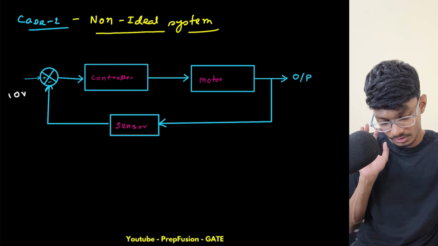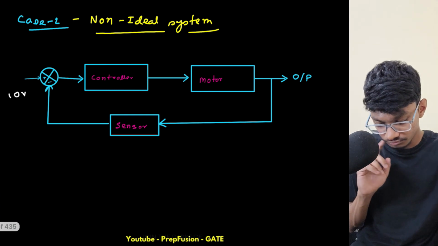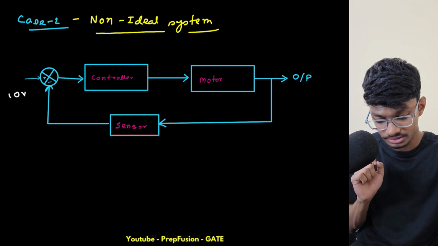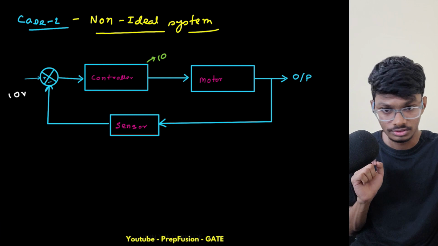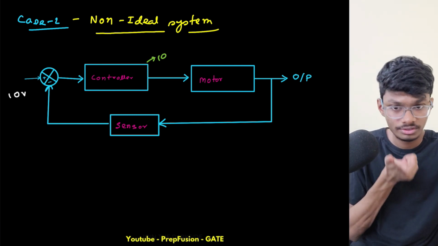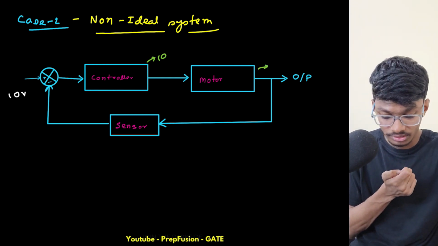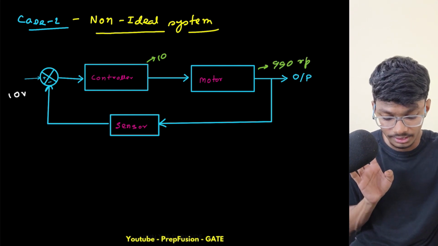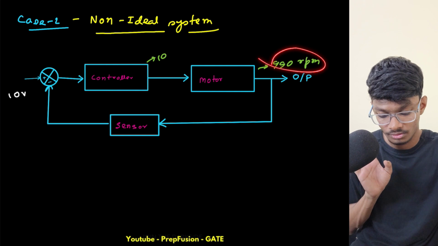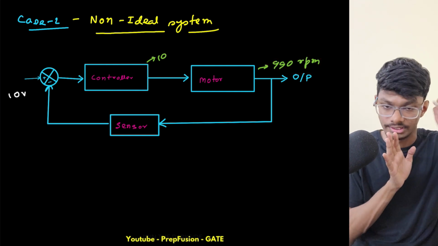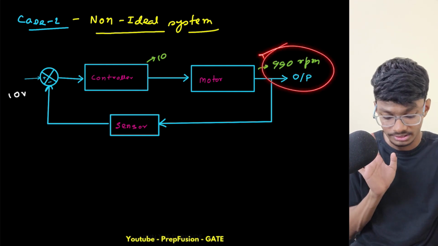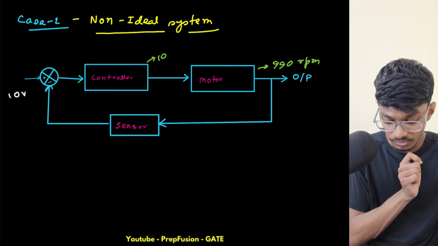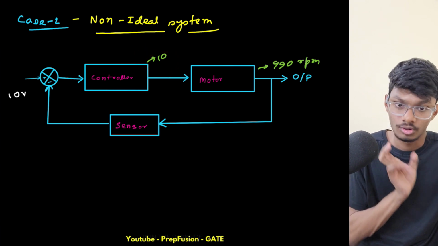Let's say that when the controller output is 10 volts, the motor input is 10 volts, but the motor, due to some non-idealities, only rotates at 990 rpm. It has reached steady state, the oscillatory nature has settled, and it has reached 990 rpm when the controller output is 10.